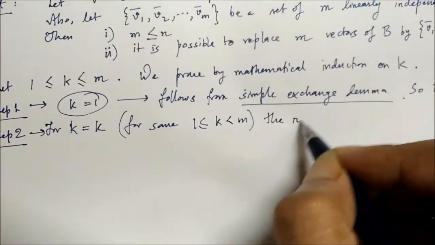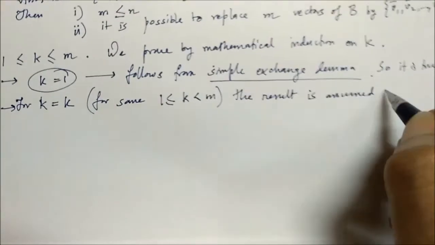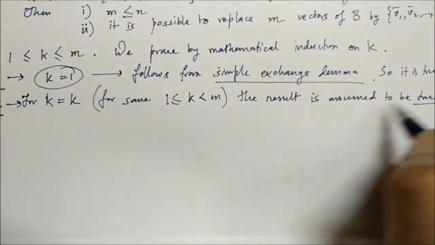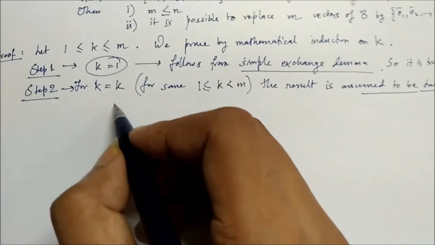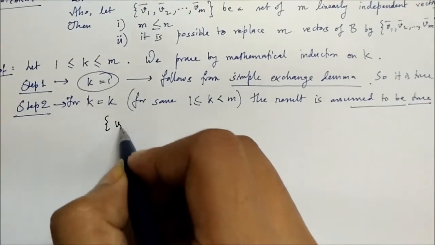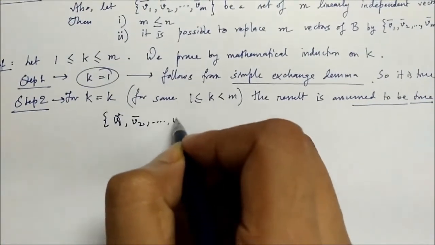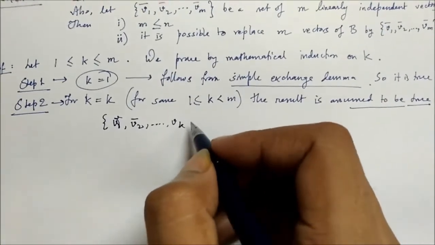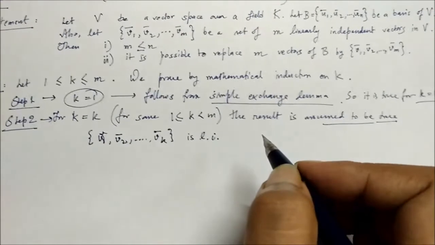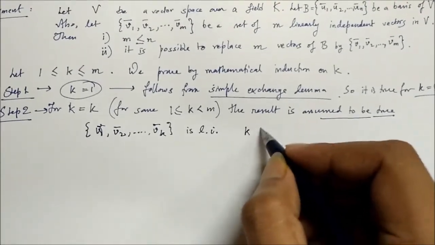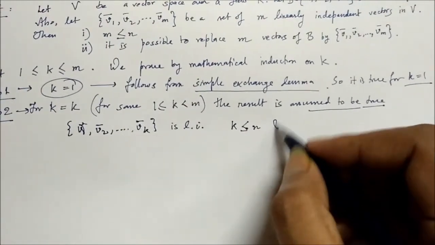So the result is assumed to be true. Mind you, what does it mean? It means that the set v1, v2 up to vk is linearly independent and k is less than or equal to n, and what do we have?